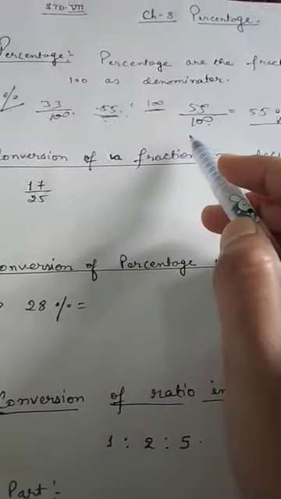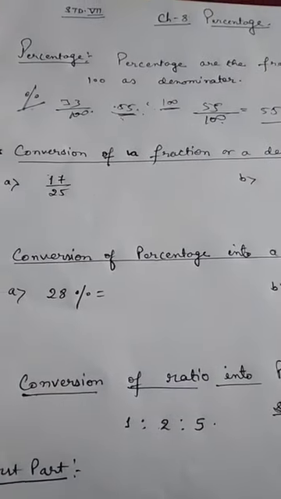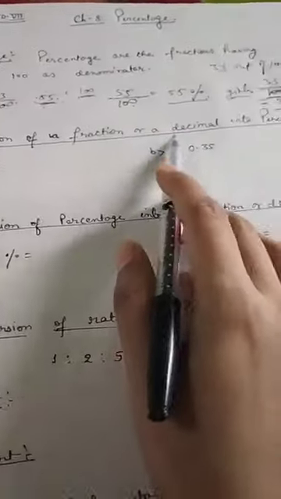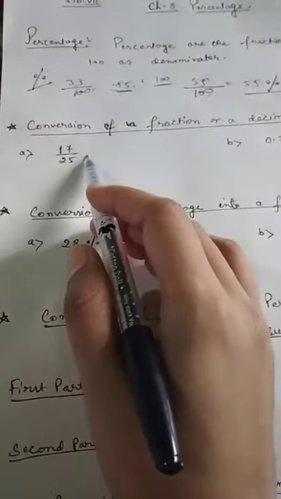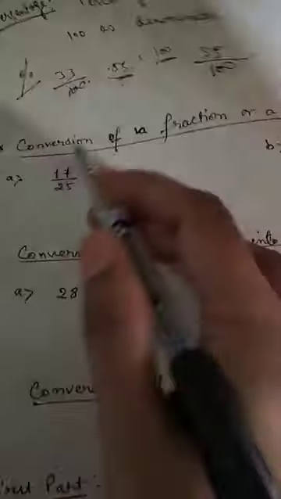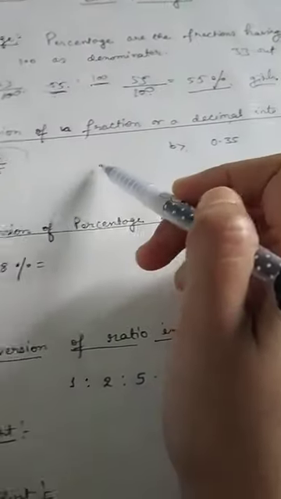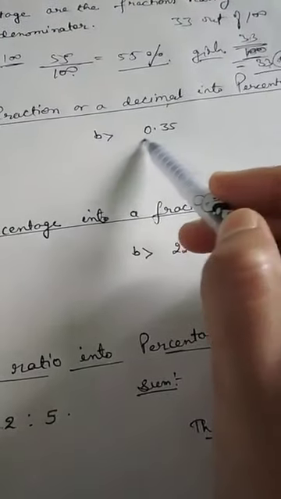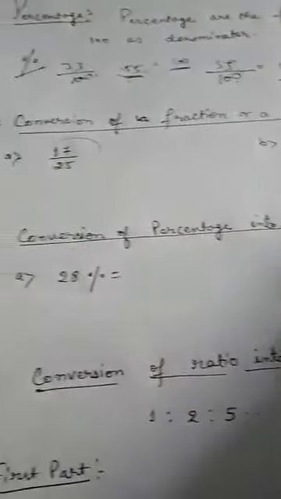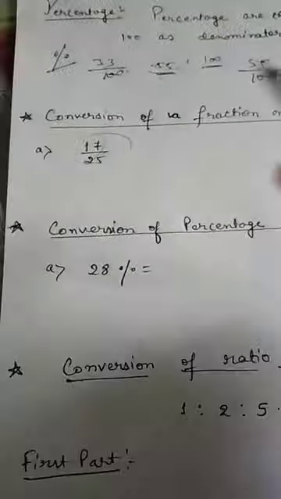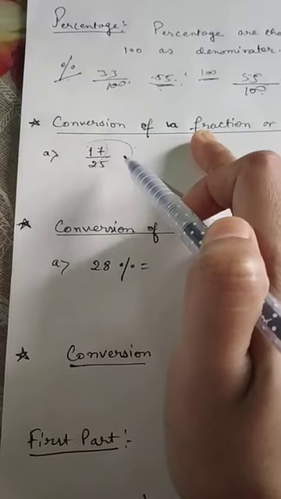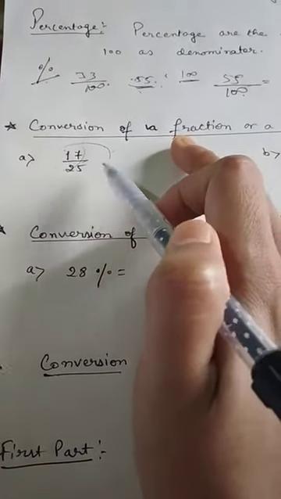Understood? Now, how to convert a fraction or a decimal into percentage? How we can convert this fractional number into percentage, or how we can convert this decimal number into percentage? So it is very simple to convert a fraction or decimal number into percentage. We will simply multiply it by 100.